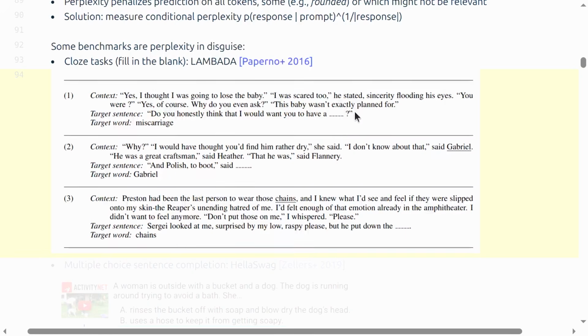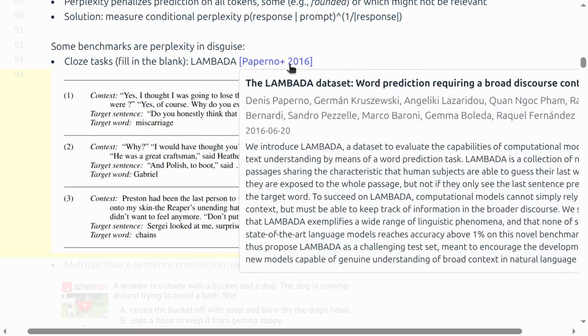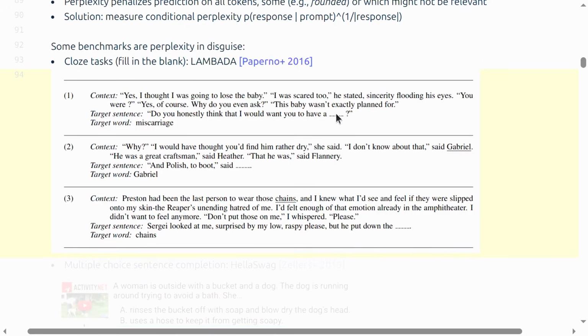And even though this is measured in terms of accuracy, it is really a next token prediction problem. And here, it's not perplexity of all the words. If you read this paper, it's really carefully chosen to be words such that you actually need a bunch of long context to resolve, right? So this is something that the early GPT papers really latched onto, because they were interested in long context modeling, thinking that that was a key to unlocking reasoning and all these things.